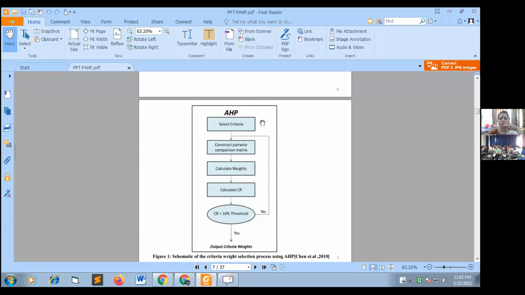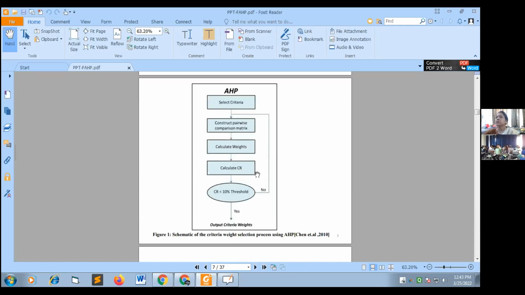This is the main basic algorithm for AHP. First, the decision maker has to select the criteria and construct the pairwise comparison matrix. He has to calculate the weights and the consistency ratio, which tests whether the criteria preferences have been taken in the right way or not.